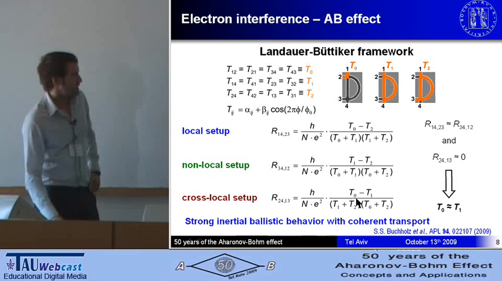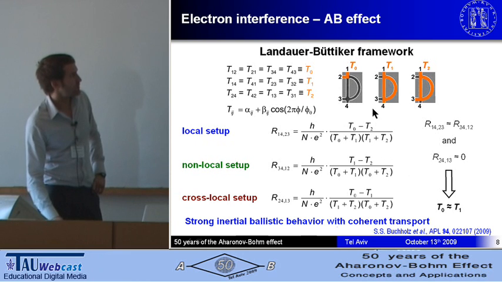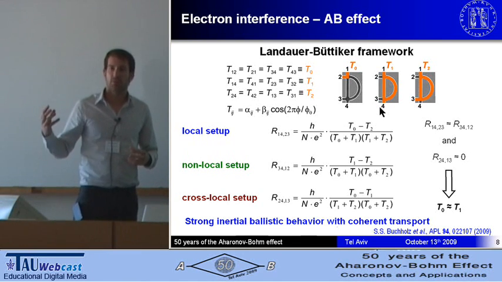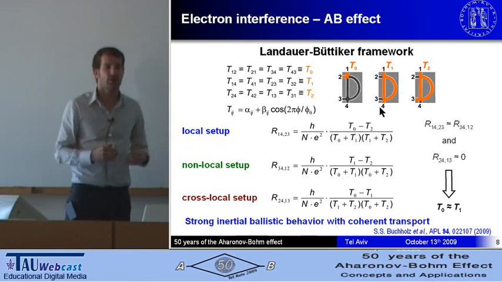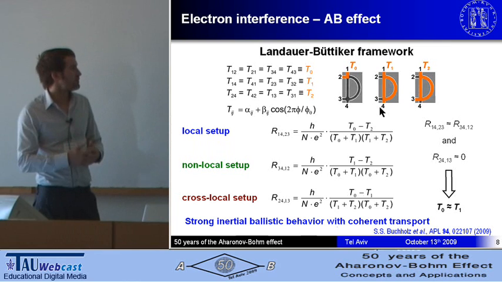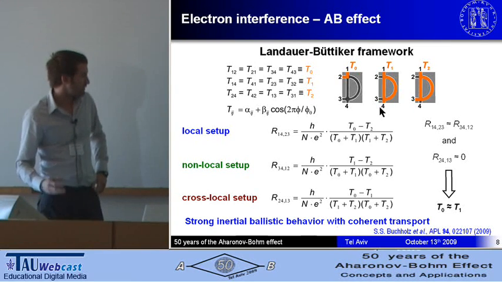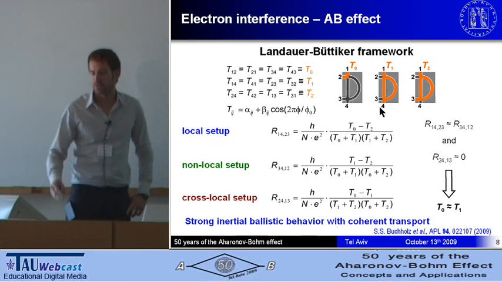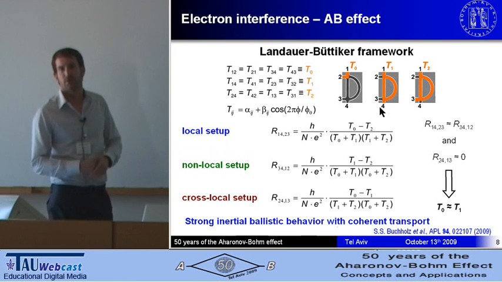We can take a look at our measurements and eventually find that the transmission probability for an electron to go from one lead to the opposite one across the complete structure is as large as the transmission probability to scatter right into the next lead. So we state that this gives us a strong inertial ballistic behavior, which does allow for coherent transport.